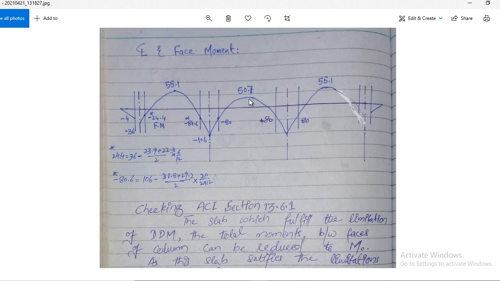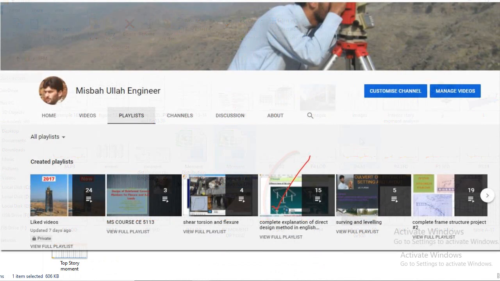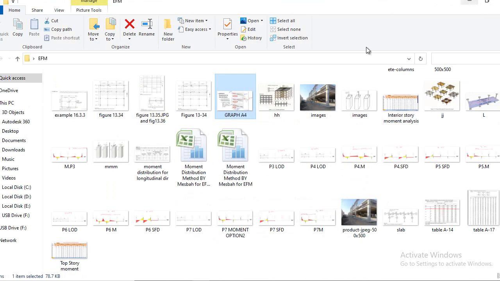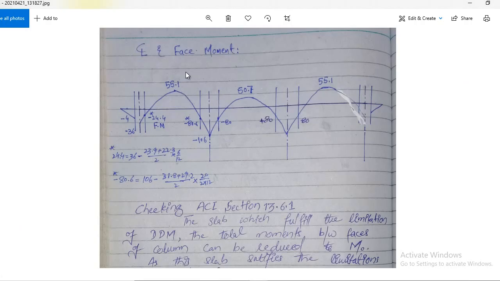Now you have to pick the coefficients, and I already explained these in my DDM method lectures, so please go there and watch. I thoroughly explained these coefficients, how to use them, how to distribute these longitudinal moments into column strip and middle strip, how to combine those moments, how to design for those moments, and how to do detailing for those moments.